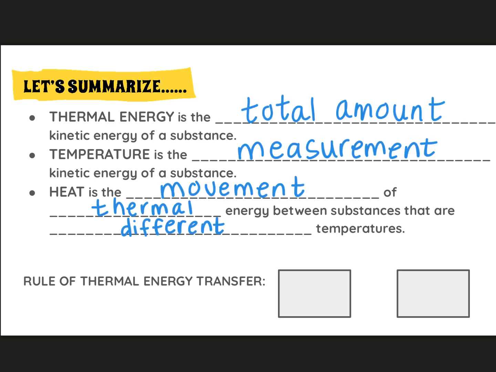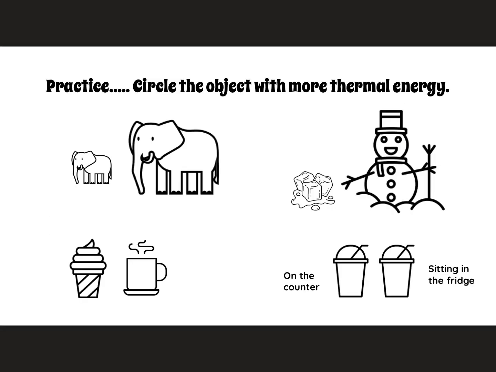Scientists have developed a rule based on the patterns they saw when studying thermal energy. It says that thermal energy will always transfer from the warmer substance to the colder substance. Let's do a couple practice examples. I want you to circle the object with more thermal energy.